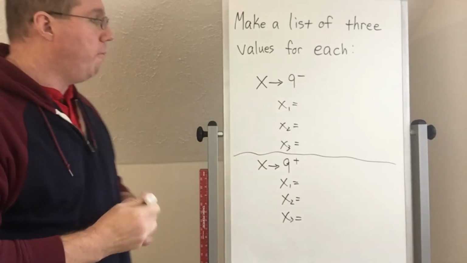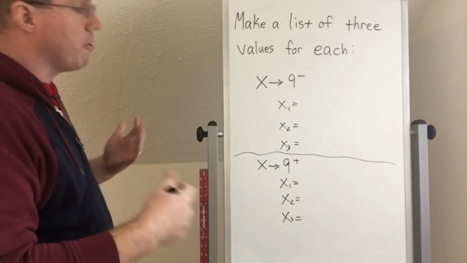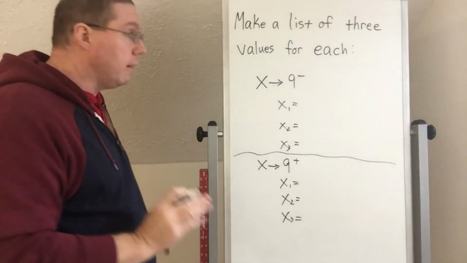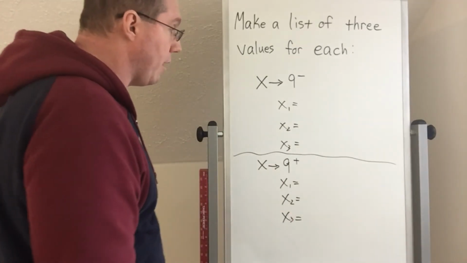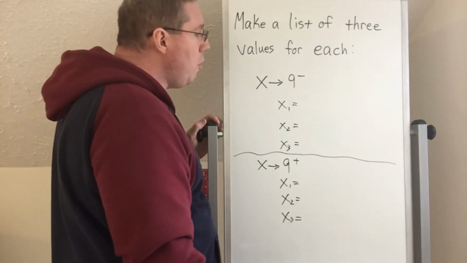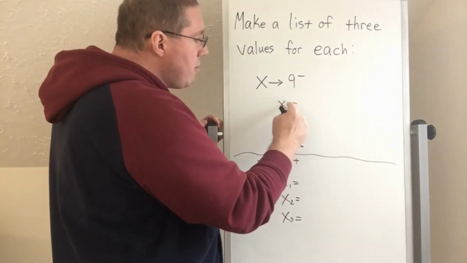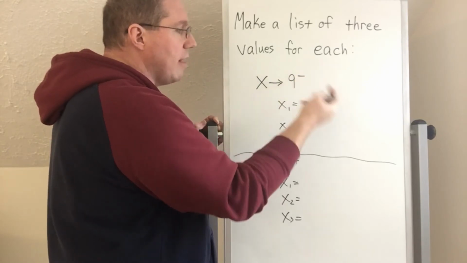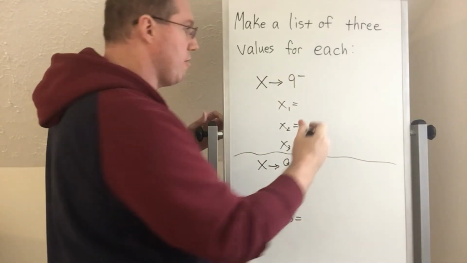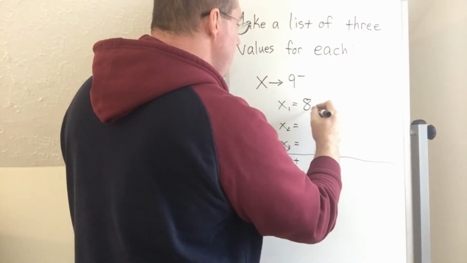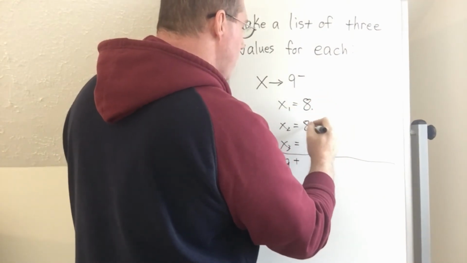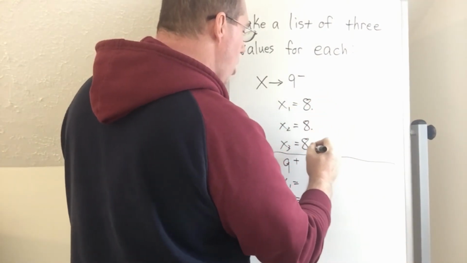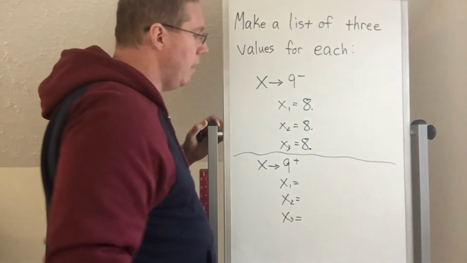All right, so hopefully you did something like this. Now, there are several ways of answering this. In fact, there's an infinite number of ways of answering this. But we know that whatever happens, these three numbers have to be smaller than 9. Okay, so let's say 8 point something, because they all have to be incrementally smaller than 9, okay?